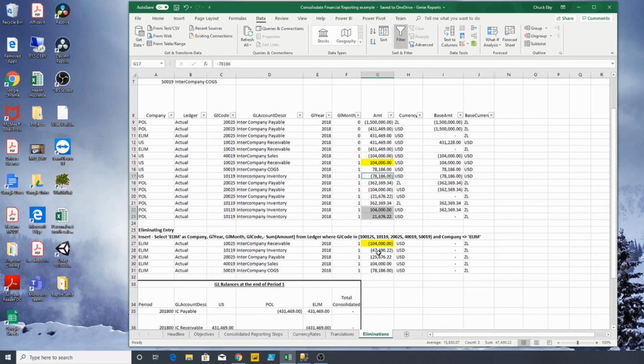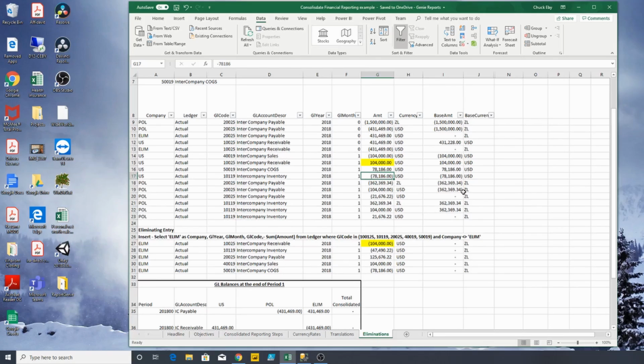You put in inventory, you've got a higher value over on the Polish side than you had when it was coming out on the U.S. side. So you're taking away the value on your books in the Polish business unit. You're taking away that value on a consolidated basis, and you're just putting back in the true cost of the product.